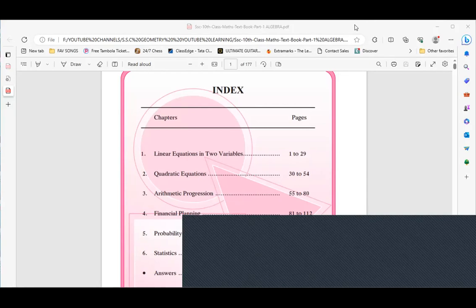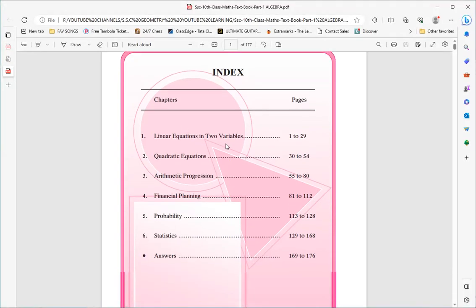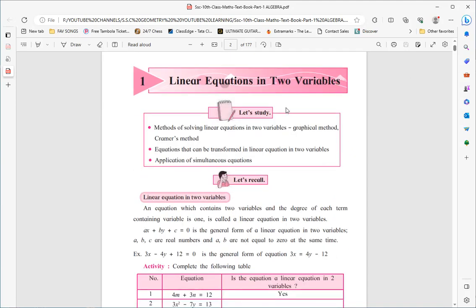Let me just share the book. I hope everybody can see the book now. The book is open directly to the index page. The first chapter we are going to do is linear equations in two variables, and this chapter will be from page number 1 to 29.